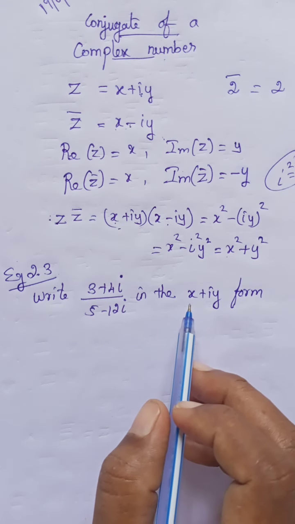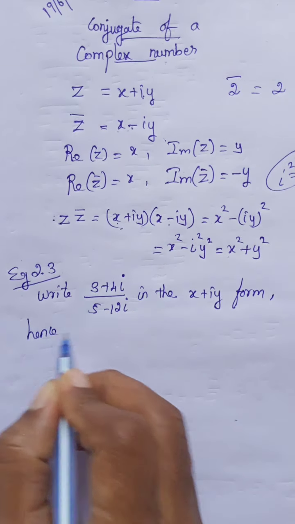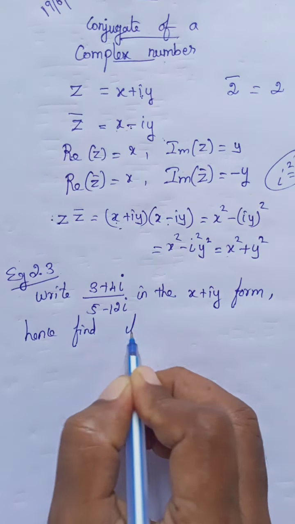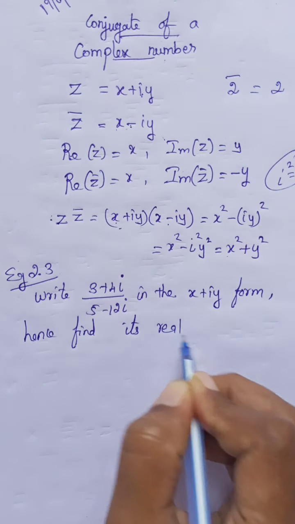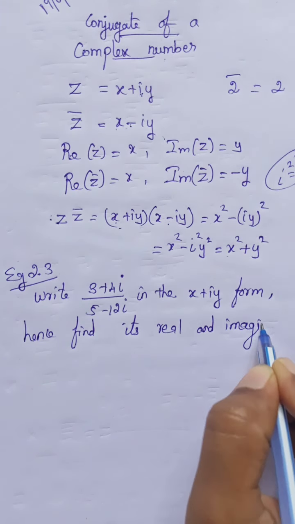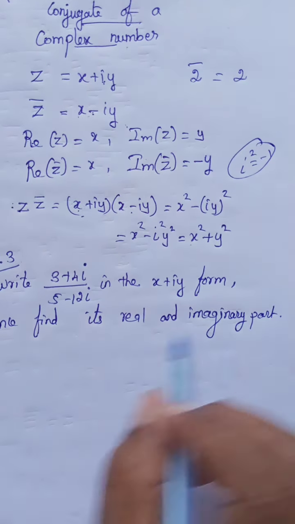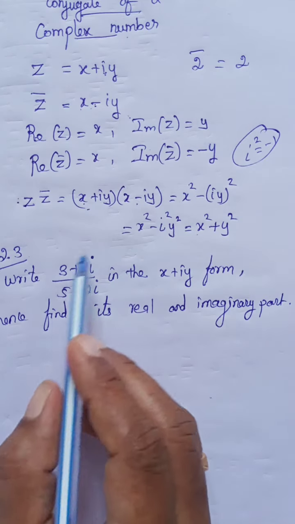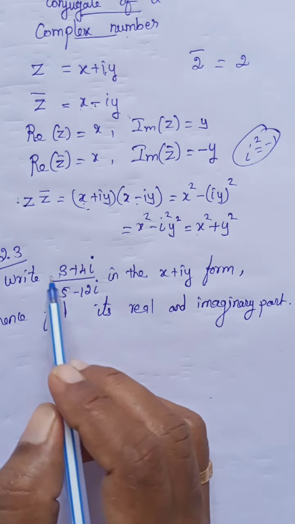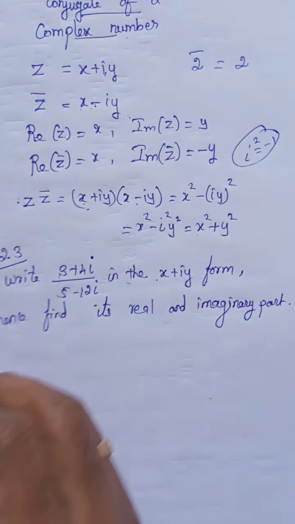We have to bring it in x plus iy. Hence, find its real and imaginary part. So first we have to simplify this and bring it into the form x plus iy.